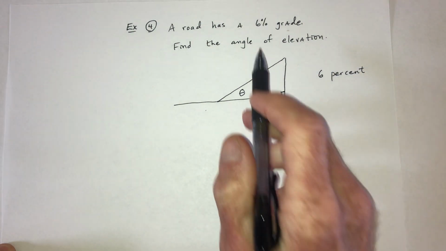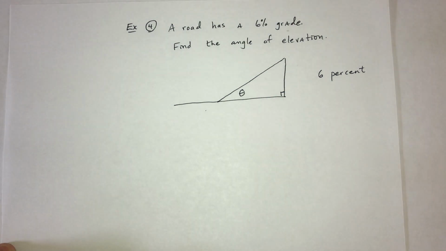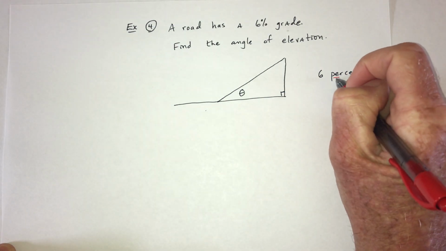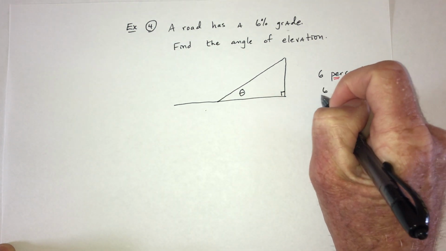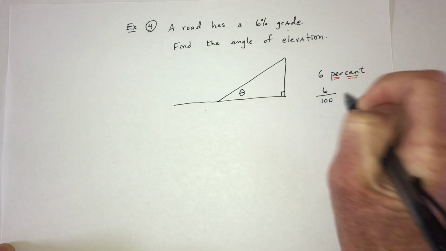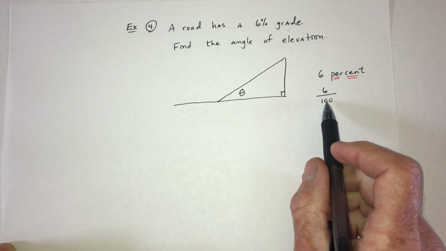So first of all, I could rewrite the symbol as the word percent. And then if you take that apart, it is saying per 100. Or in other words, 6% is 6 per 100. So really, it's giving you the rise over the run.